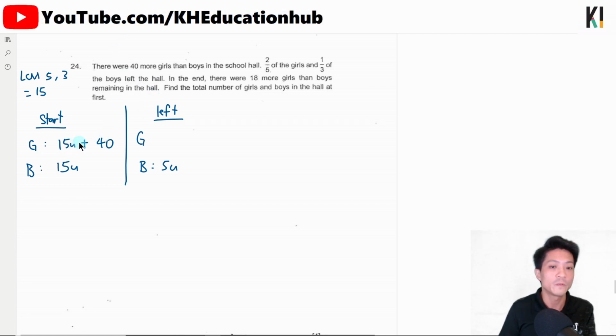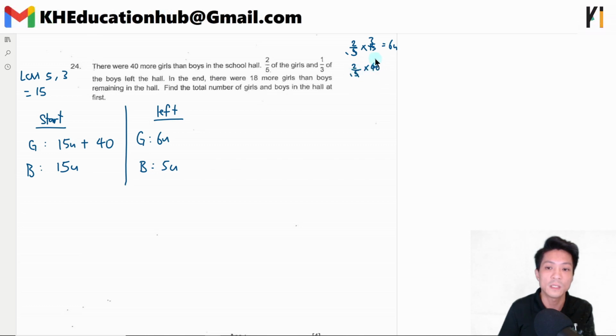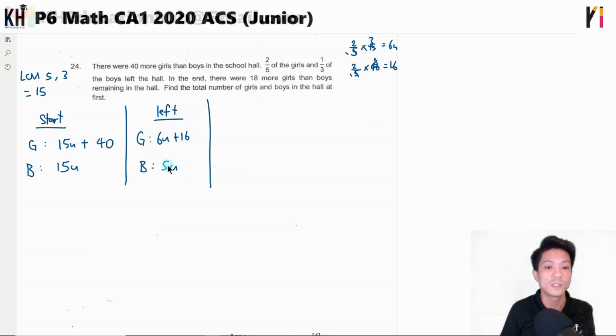Okay, 2/5 of 15 units will be, if you need to do your working, do your working. Okay, cancel 1, cancel 3, which is 6 units. Okay, so 6 units, and then 2/5 of 40, cancel 1, cancel 8, it is 16. Okay, so 16. Okay, so these are the number of boys and girls that left.